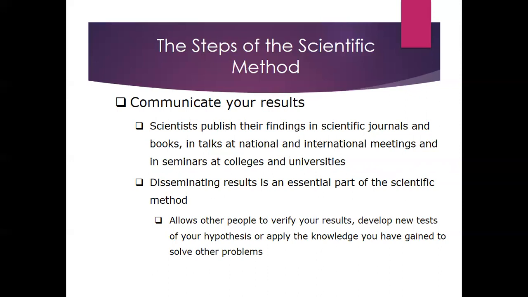But the whole point is, dissemination of the results is an essential part of the scientific method, because you don't research something and then leave the report to sit there. The report is intended to provide information, hopefully for decisions to be made about something. All right, not just to provide knowledge, but for decision making.